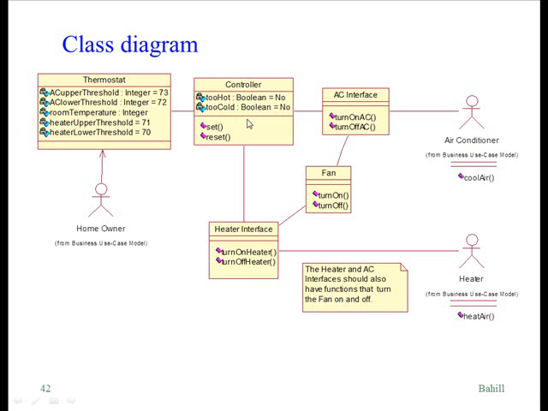We also identified a controller, which is going to receive that information from the thermostat, and the controller is going to actually control the turning on and off of the air conditioner, the heater, and also we added a fan. So far that's what we have developed.